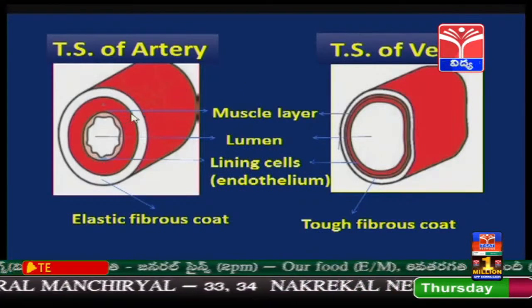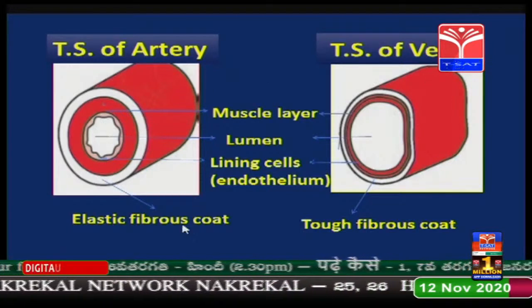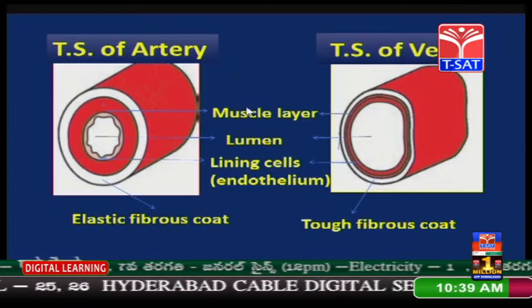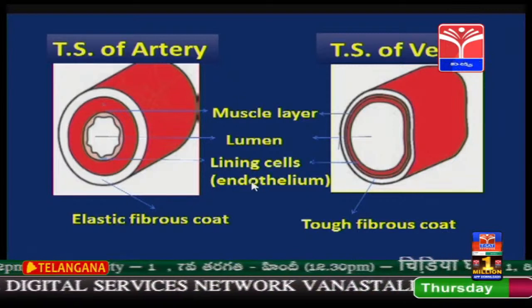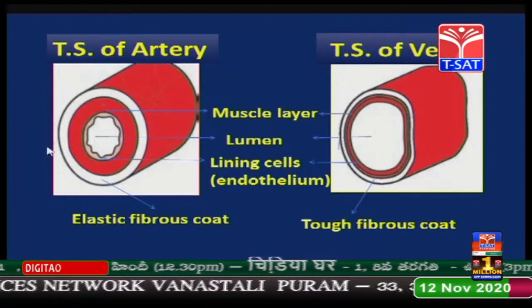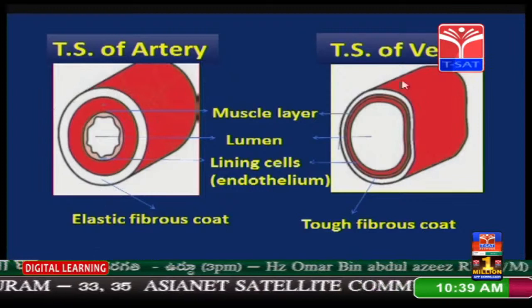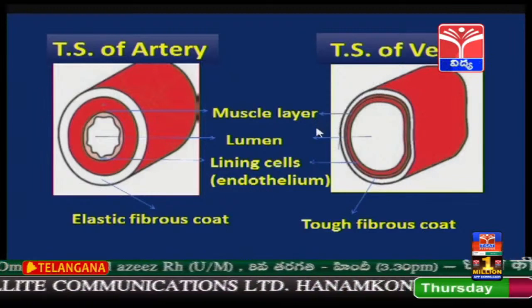Here, the artery and vein essentially have three layers in their walls. They are the outer fibrous coat, the middle muscle layer and the inner endothelium. The arteries are covered by an elastic fibrous coat, whereas the vein is covered by a tough fibrous coat.